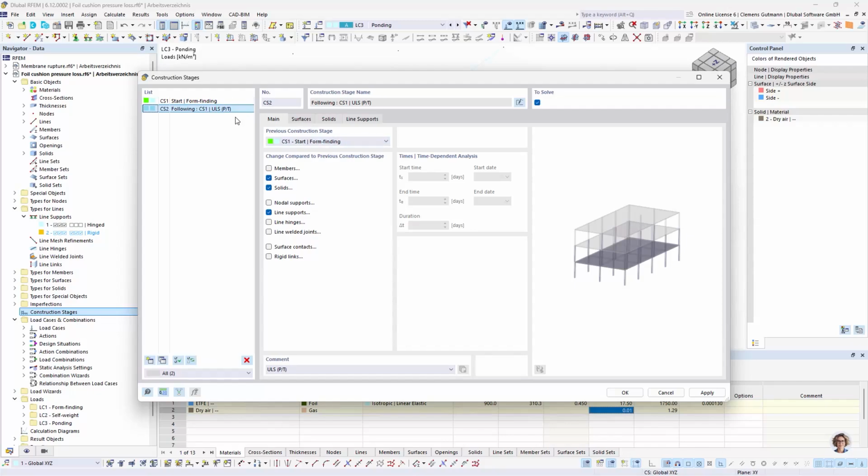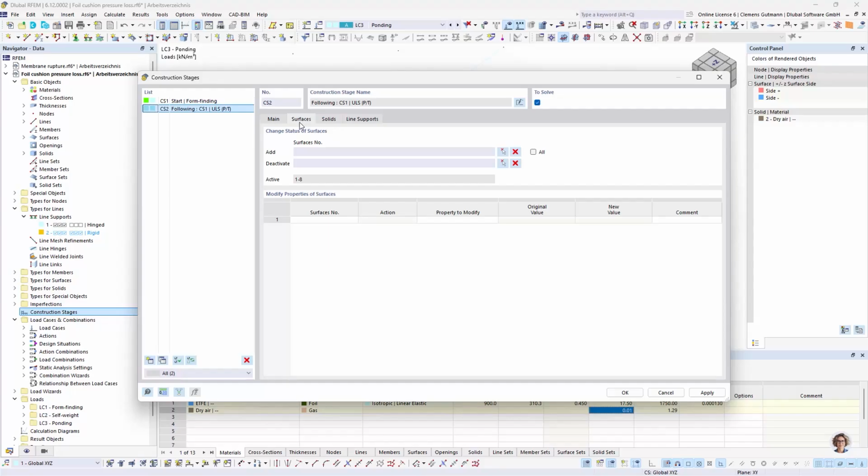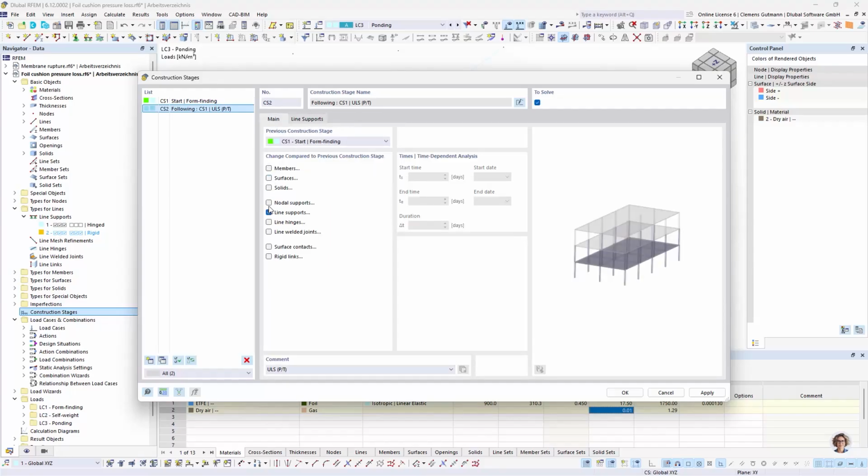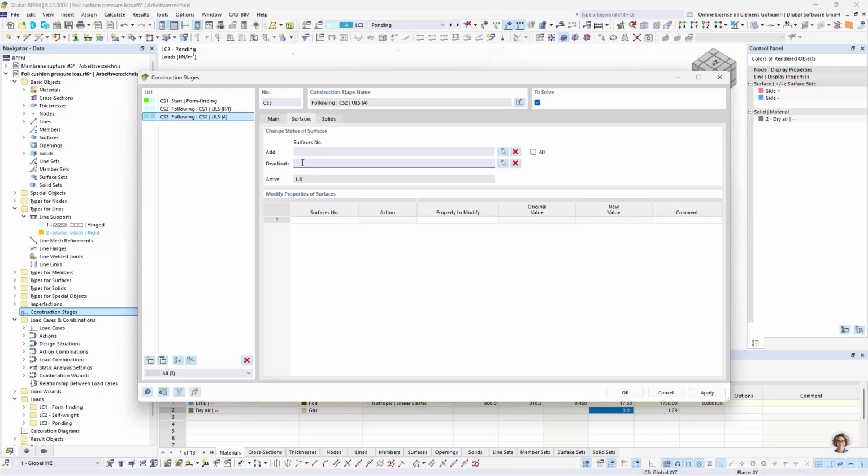Here nothing changes, so we have no changes, and then we have a new one, which will be the ultimate limit state for the accidental part, and here we are going to lose our solid or gas volume, as well as our surfaces 1 to 4. Okay.